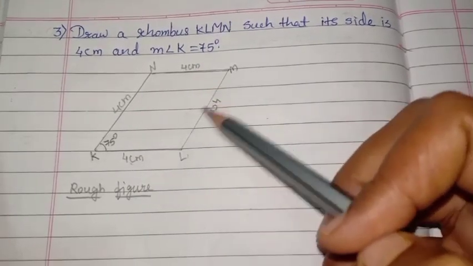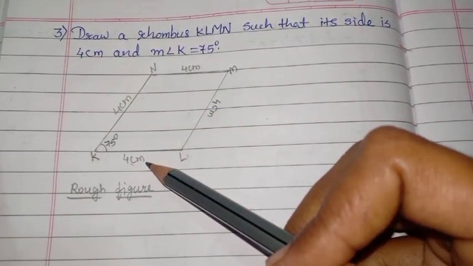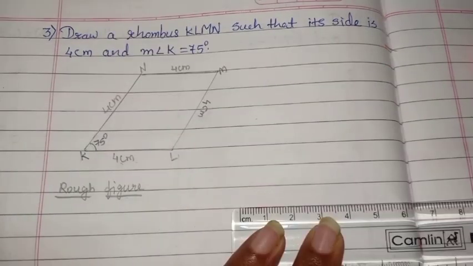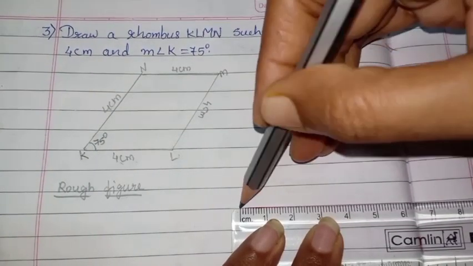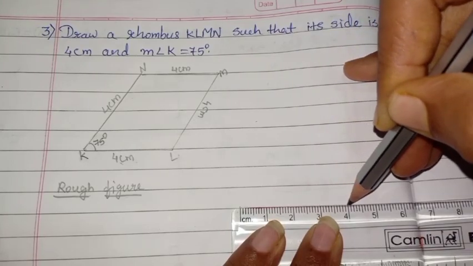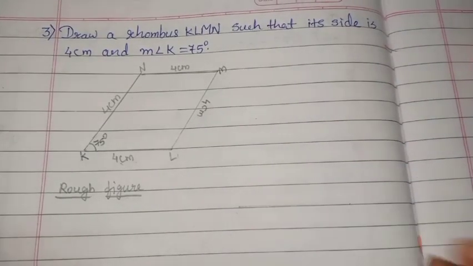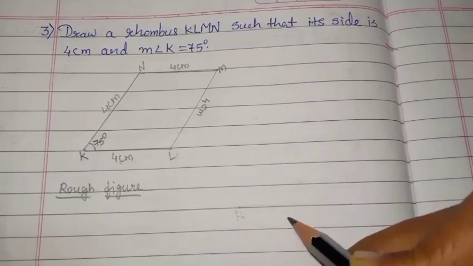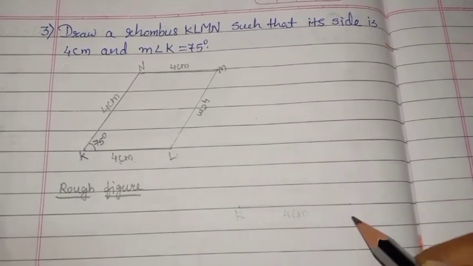So all four sides will be of 4 centimeters. Let's start with the fair diagram. First we'll draw KL, 4 centimeters.